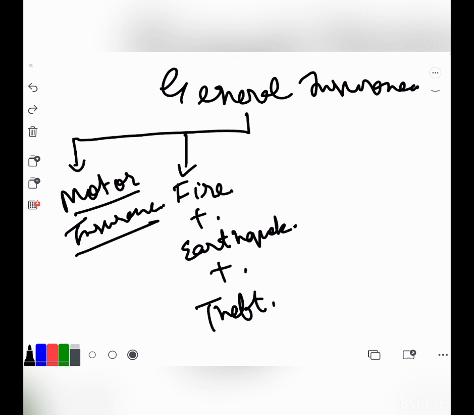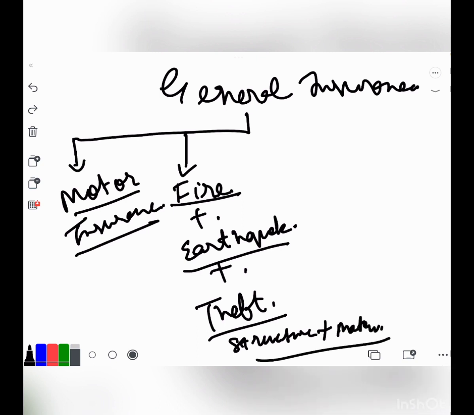Fire insurance can be done for the house: fire, earthquake, theft, structure, plus the material inside the house is also covered.